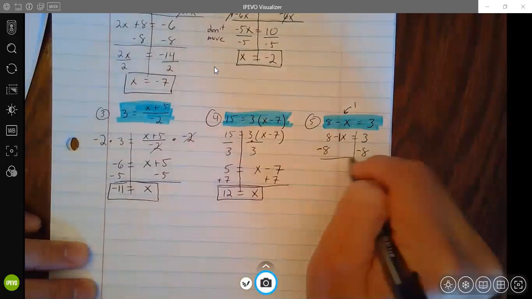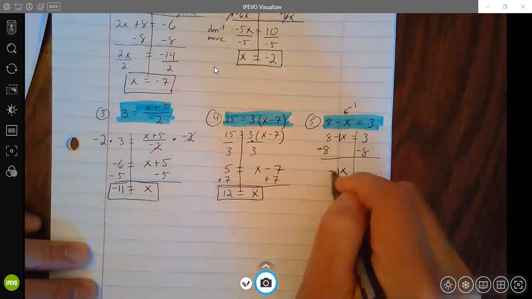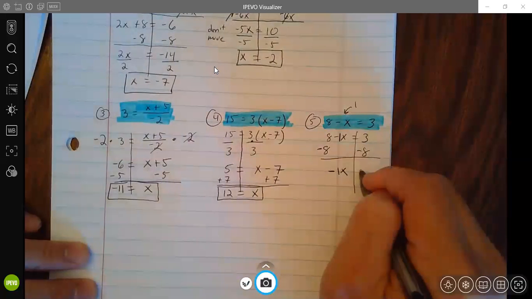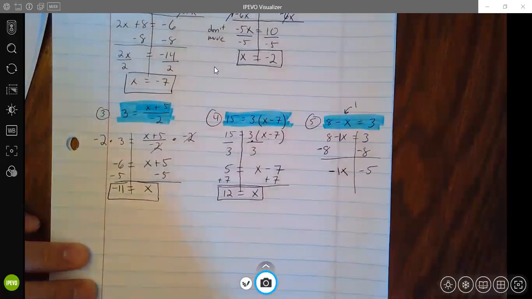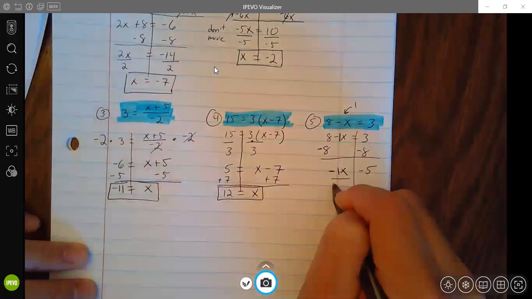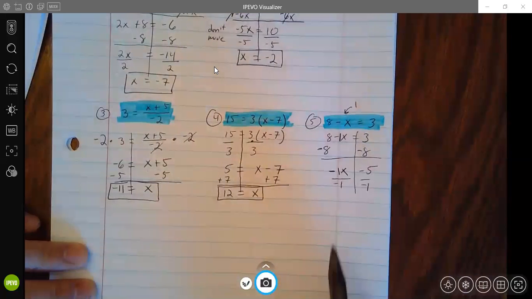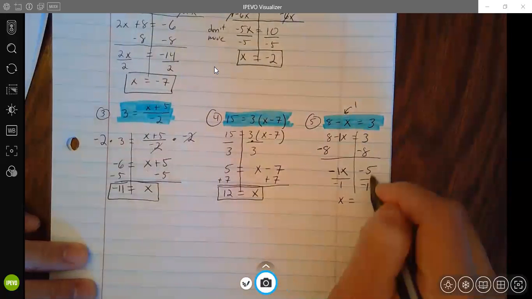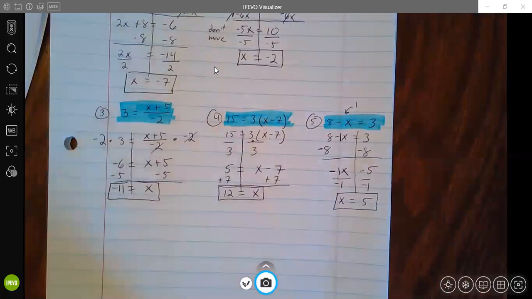When I bring down the 1x, don't forget to bring down the negative sign or the minus sign. 3 minus 8 is negative 5. Then the last step is to divide by a negative 1. Negative 1 times x, the opposite is divide. So I'm going to divide by that negative 1. Negative 5 divided by negative 1 is a positive 5. Okay.